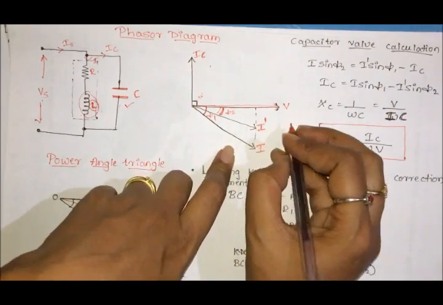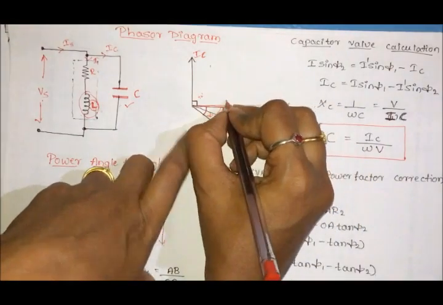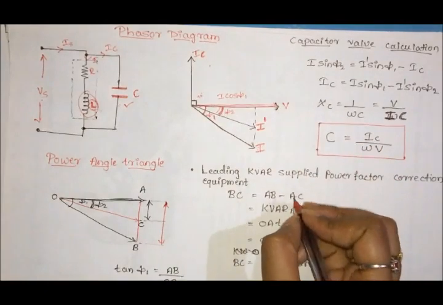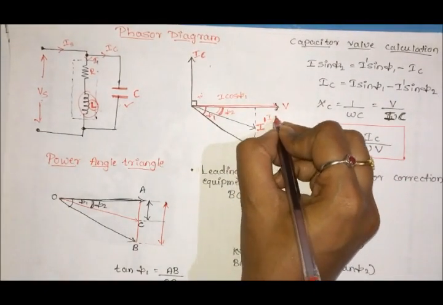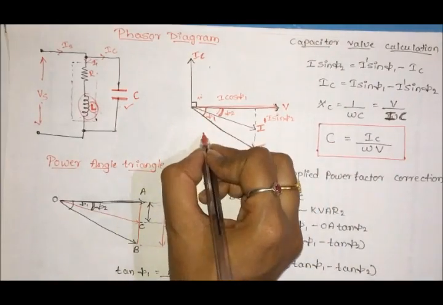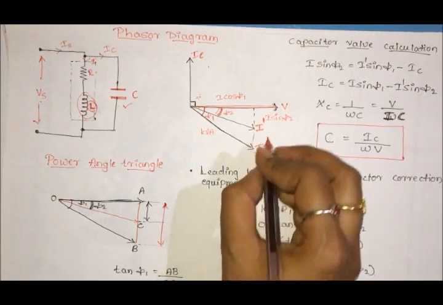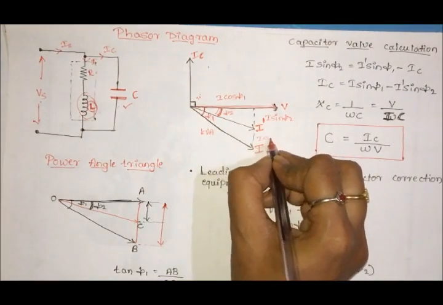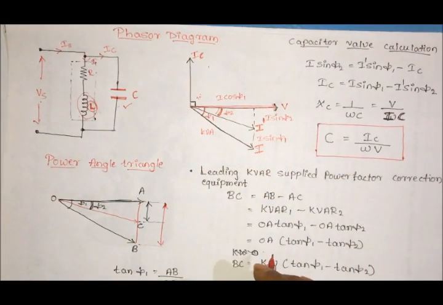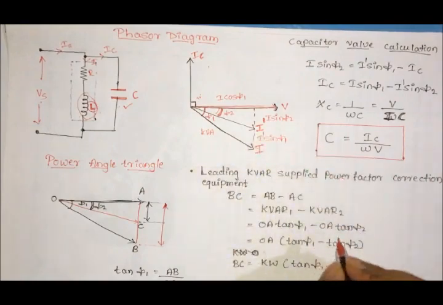Next you can see here, this is my active power, which I can name I cos phi 1. This is my I sin phi 2, and this will be our apparent power, kVA. This I can call I sin phi 1. Got it? And this I will make I dash.